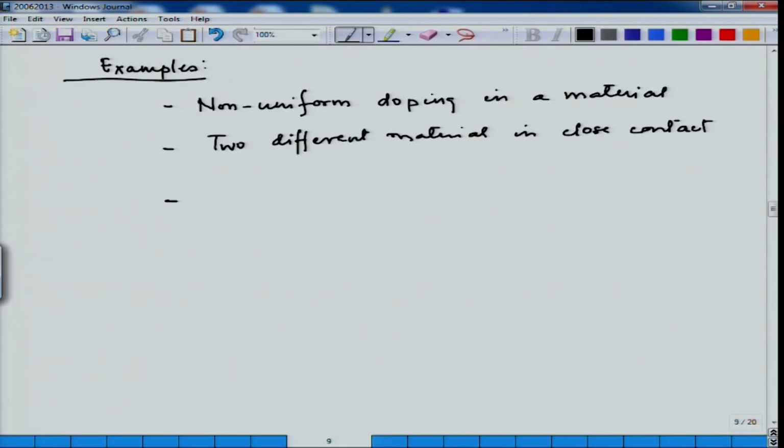There are other ways in which you can have a concentration gradient, and that is by carrier injection across a device. That will lead to non-uniform carrier concentration, and diffusion will become important. One can also have photo generation of carriers.